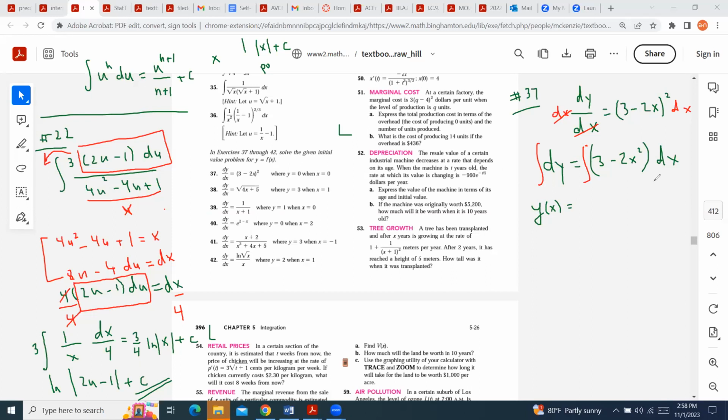And to actually integrate this, I need to spend a little bit of a time with algebra. Actually not, it's 3 minus x squared. No, square is here, yeah, that wasn't here. So I have to multiply these two parentheses twice with each other, because this is a square, and I need to make sure that we have pieces that we can integrate.